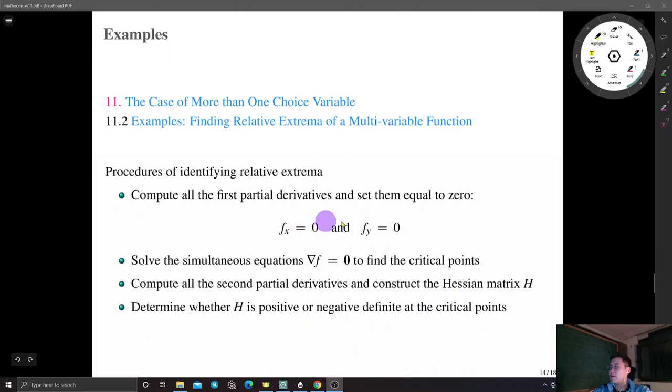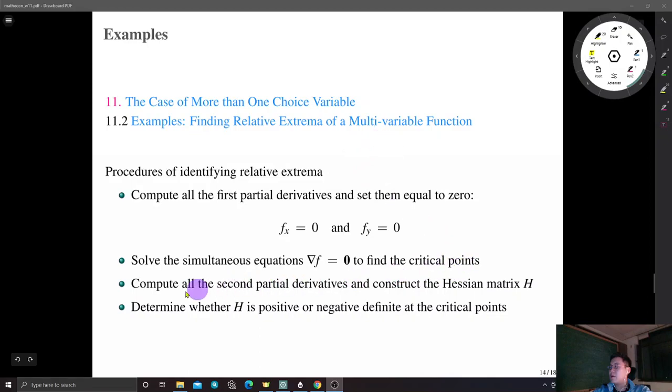In the case of two variables, we compute two partial derivatives and set them equal to zero. That gives me simultaneous equations, right? And by solving these simultaneous equations, we can find the critical points of the multivariate function.